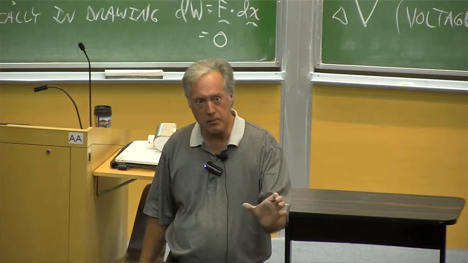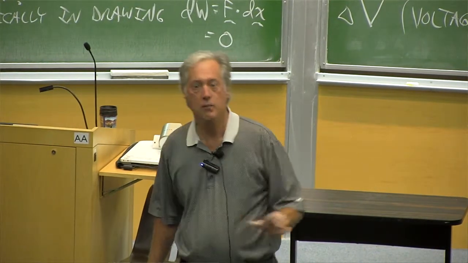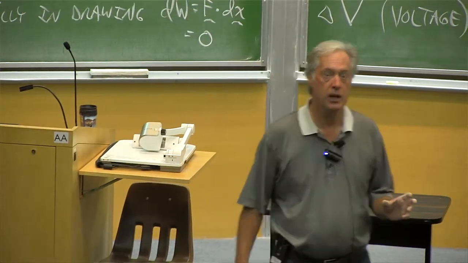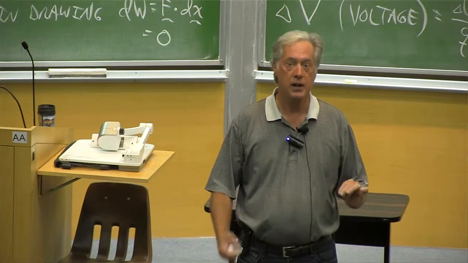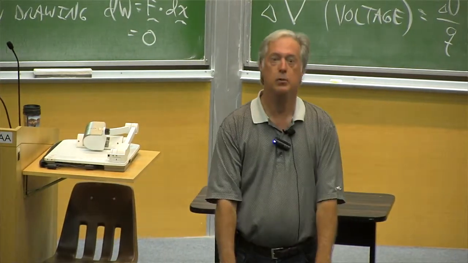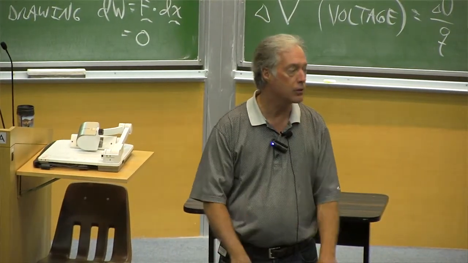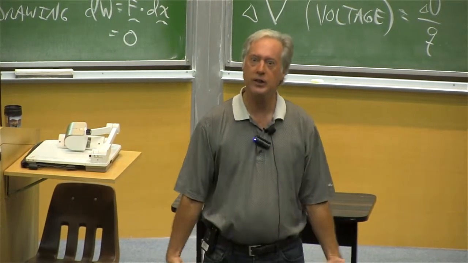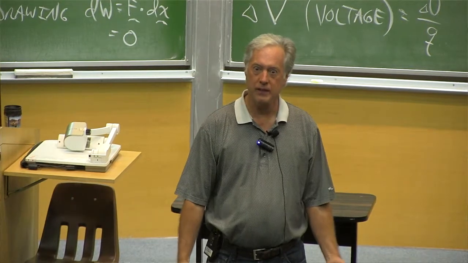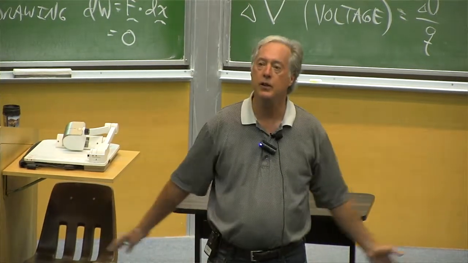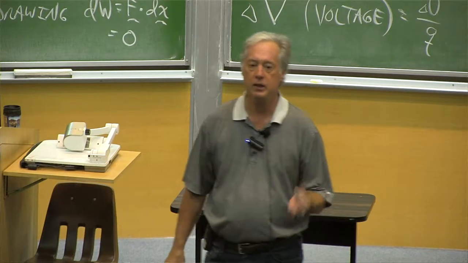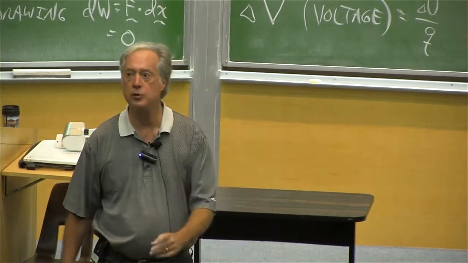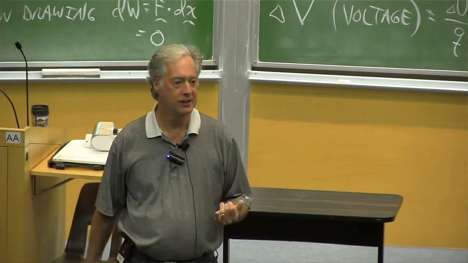Those two words, common and ground, mean the same thing in electric terminology, and typically, it's extremely frequent that we will choose the earth that we are standing on to be the zero in potential. The earth, that which holds us here in place. The electrical potential of the earth is often taken to be the zero for potential energy. And we call where we choose the zero to be the ground.